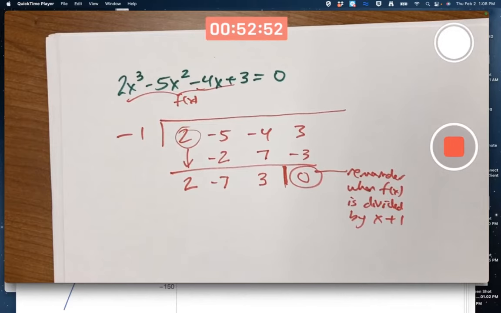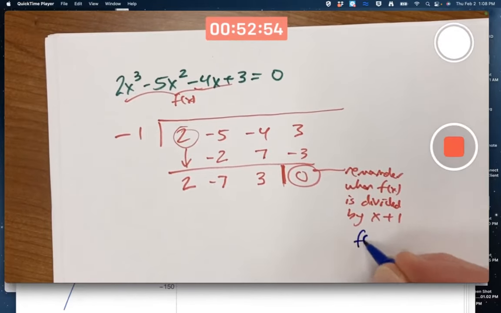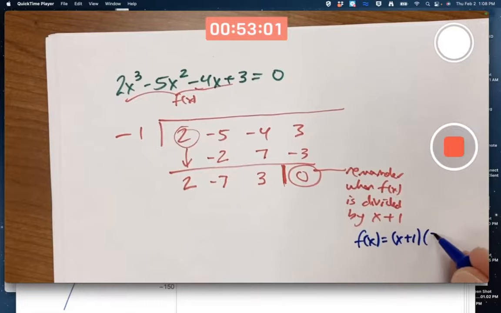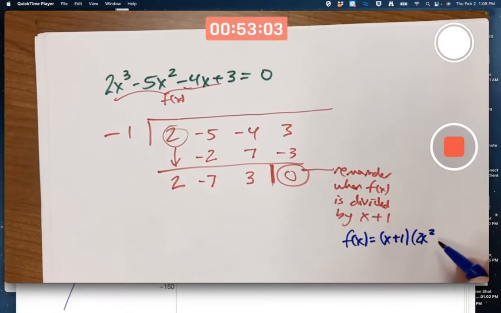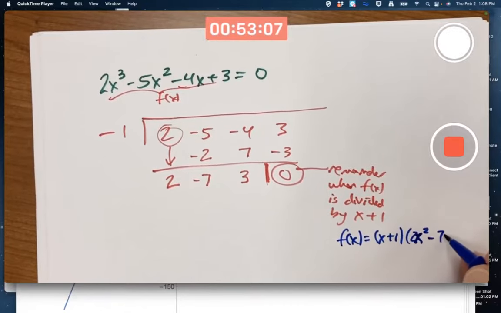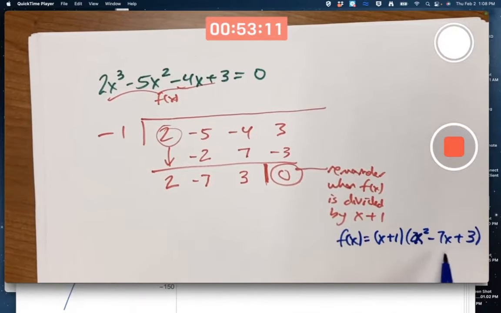So what I'm trying to say here is f of x, by what we've just done here, can be written as x plus 1 times, look at these numbers as coefficients, 2x squared. It's a 2x squared, in case you can't see that well. Minus 7x plus 3. Take these numbers as the coefficients of the quadratic.